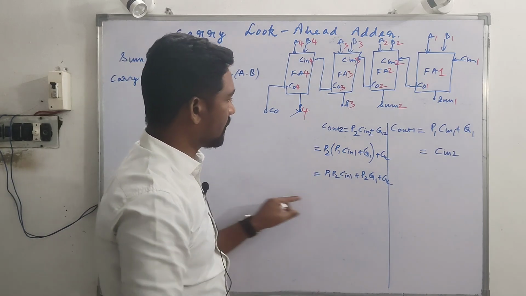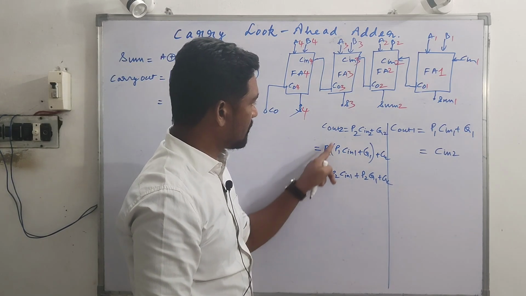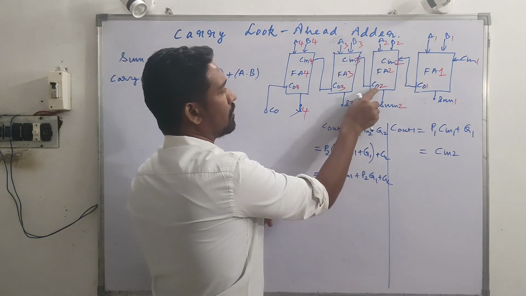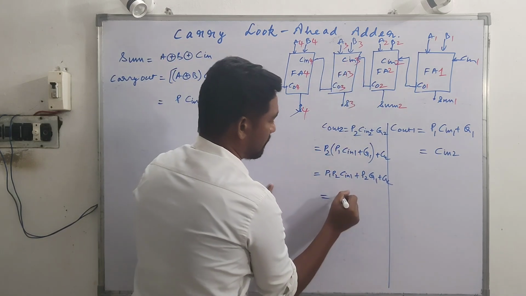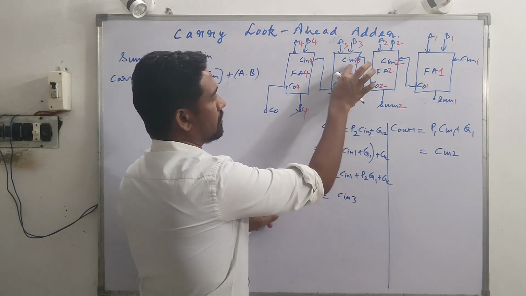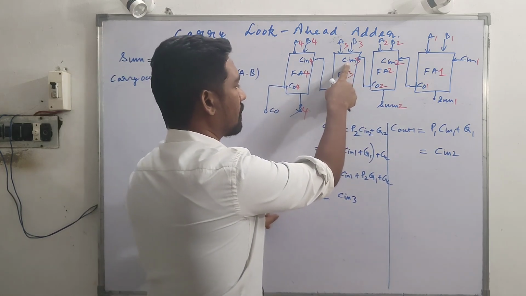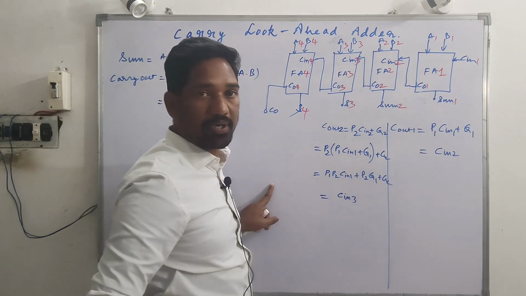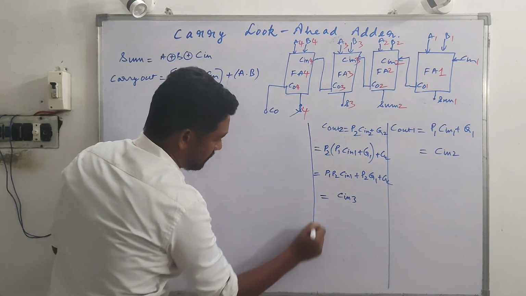This is the Boolean expression for C out 2, which is also C in 3. So for the input of the third stage, we'll be making use of this Boolean expression in the carry look ahead adder. So this is the second stage.